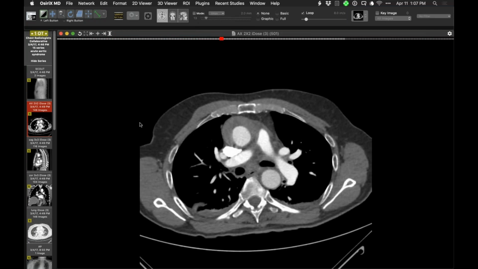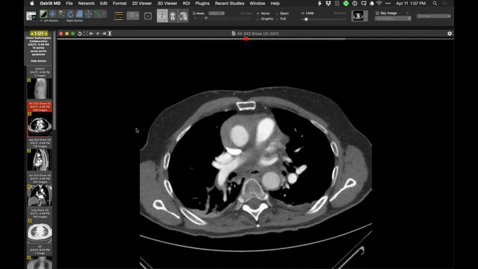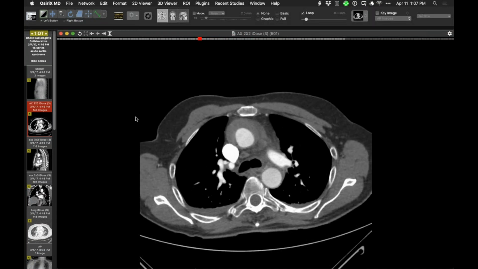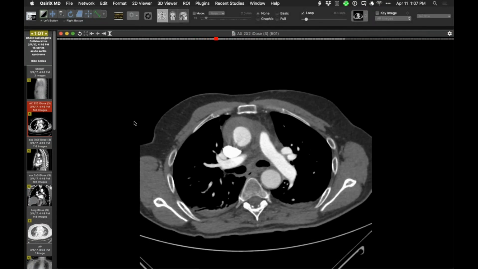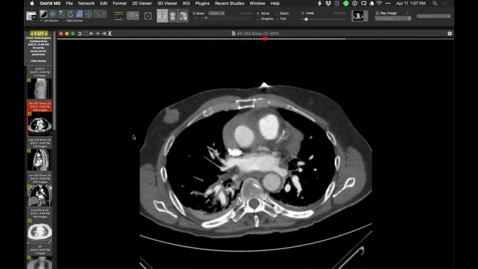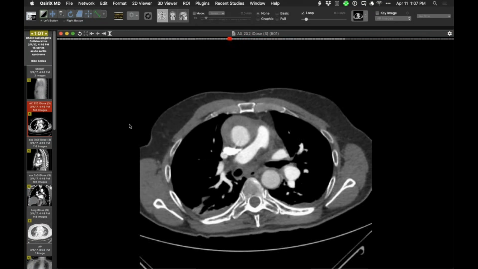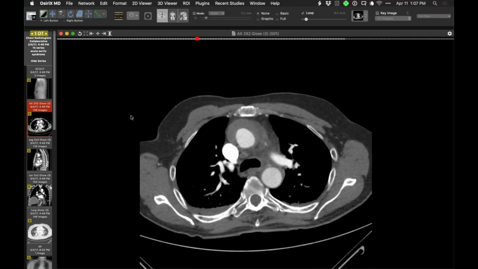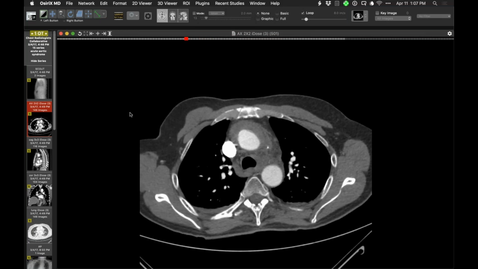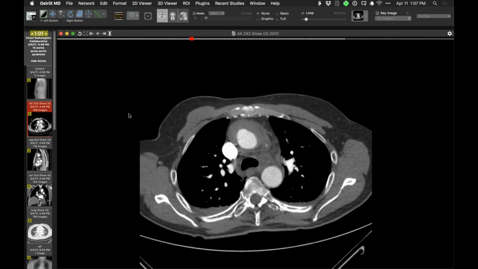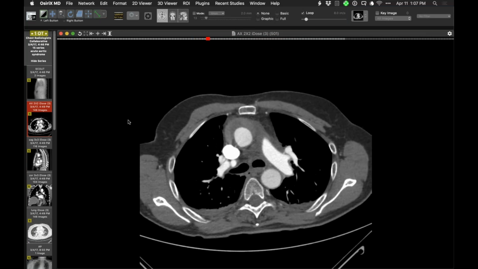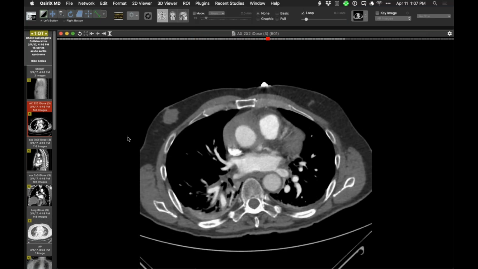We do not have a non-contrast series to go along with this, but clearly there are findings consistent with substantial intramural hematoma in the tubular ascending aorta and going into the aortic arch. There's also some blood in the mediastinum, so blood is seeping out a little bit.